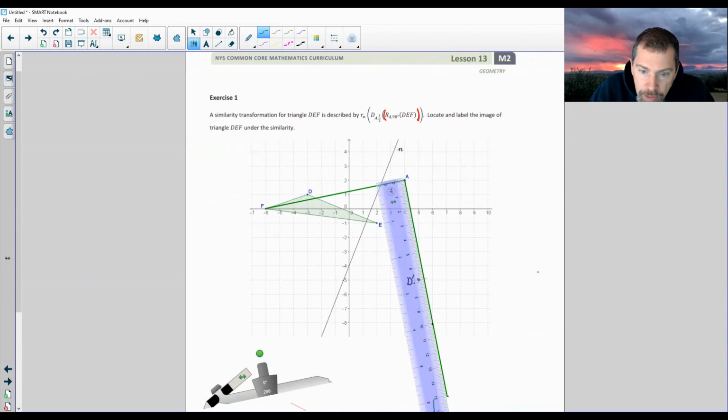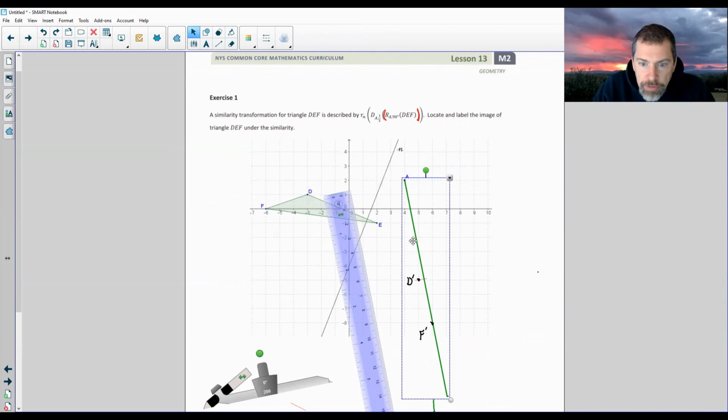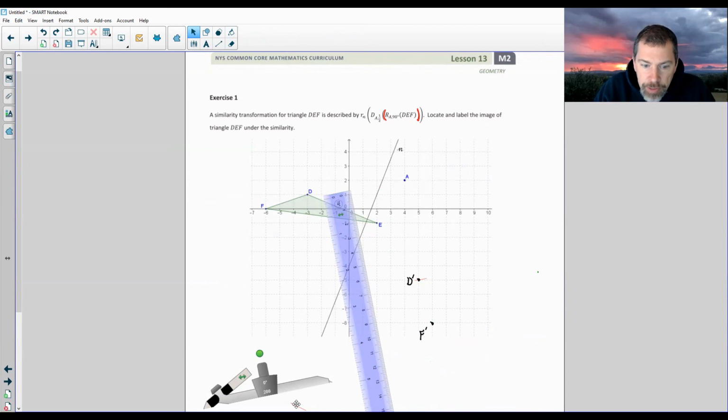Right there. So this point right here will be F prime. Okay, and then I'm going to do it one more time. So let's get rid of these right angles. Don't need this. That should never have been there. Don't know what that is.